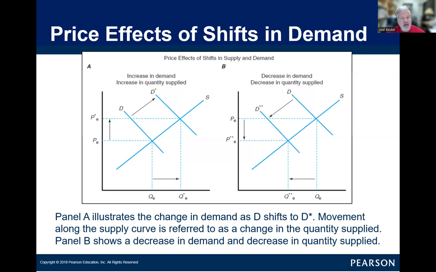When we think about supply, what are some of the things that can change supply? Well, remember, what's the supply curve? It's a marginal cost. It's the upward sloping portion of the marginal cost curve. What's a market supply curve? It's the summation of all the producers' upward sloping portions of their marginal cost curve. If that's true, then the only thing that can change the supply curve is anything that changes your cost curve.